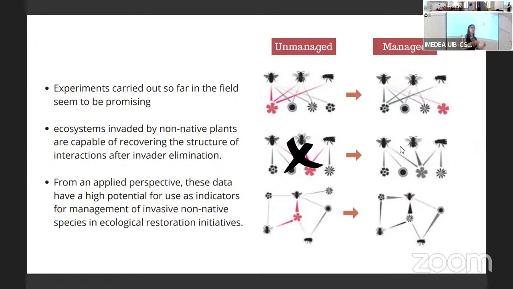So birds can start feeding on other things, even if they are eating a lot of these invader fruits. And from an applied perspective, these data have high potential for use as indicators for management of invasive non-native species in ecological restoration initiatives.